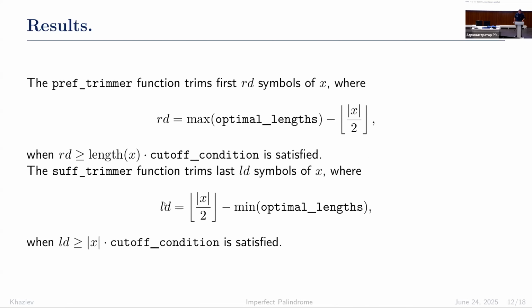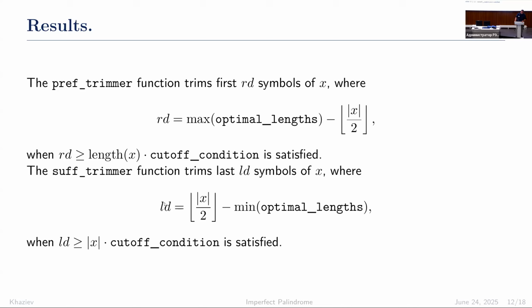So we check if this condition holds: if RD, which is the difference between the maximum optimal length and the middle of the sequence, which we need to floor because we counted from 0, is greater than the length of x multiplied by the cutoff condition, we cut the first RD symbols from the prefix.